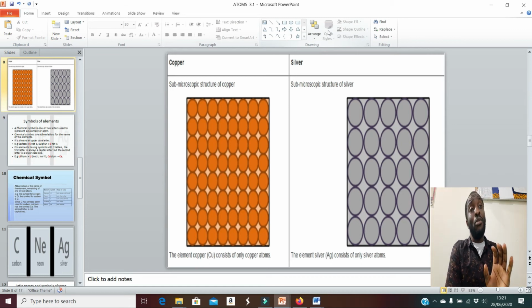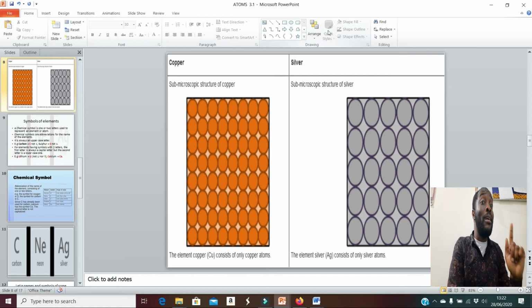Now, this actually ties with one of the postulates of Dalton's atomic theory, which states that atoms of the same element are alike but differ from atoms of other elements.